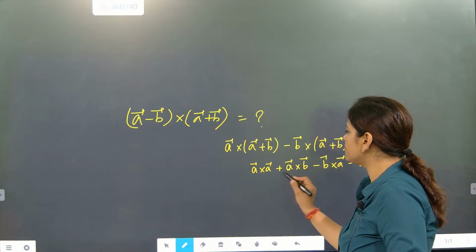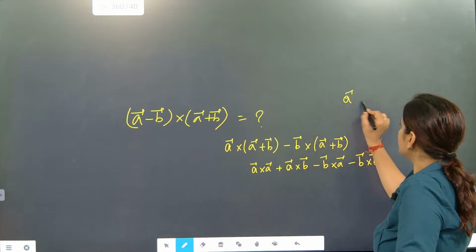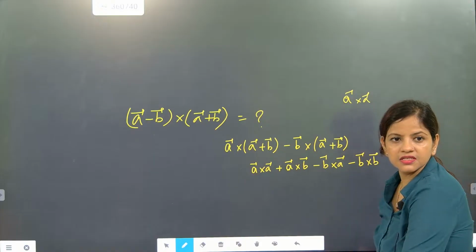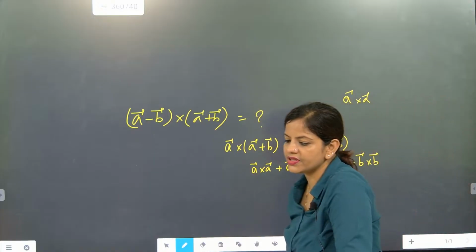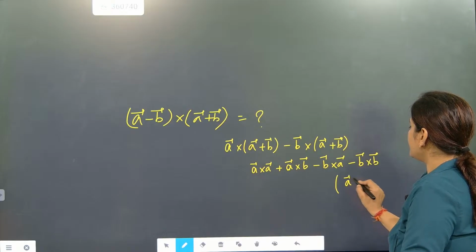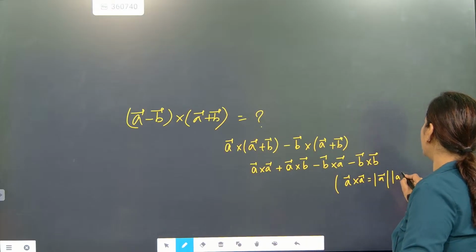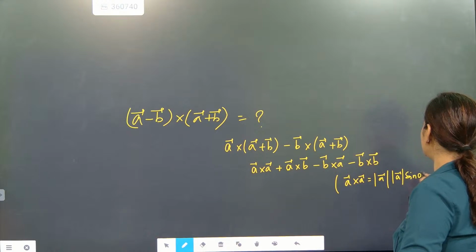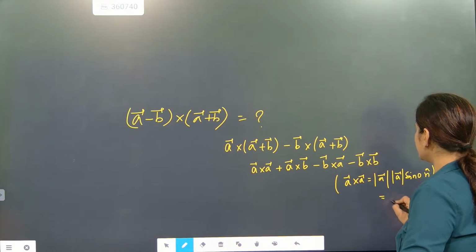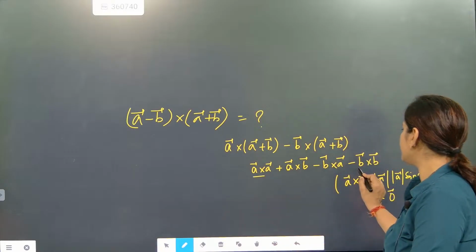A vector parallel to itself will become 0, so this part will come 0. A vector cross A vector is equal to magnitude of A vector, magnitude of A vector, sin 0 degree unit. So this will come as 0 vector, and this part will also come as 0 vector.